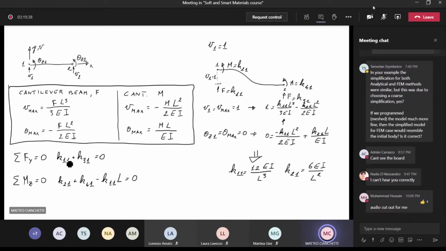I don't know if it is clear. For the forces, of course, it is clear because you just need the 2 forces applied vertically. So this one and this one, their sum should be 0. For the moments, you have the moment K21 plus the moment K41, that should be 0, but you also have to sum the contribution of K11 and the moment that is generated by the force.